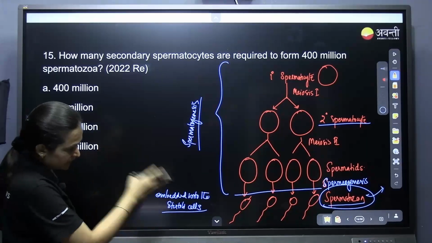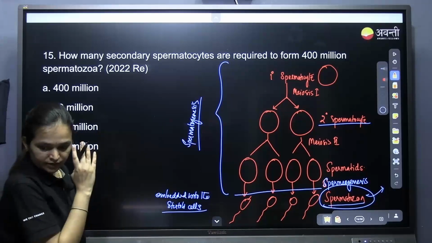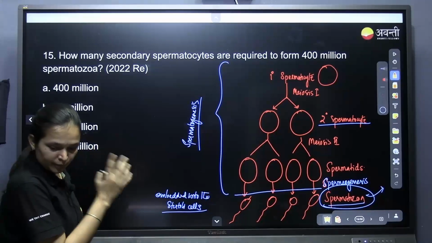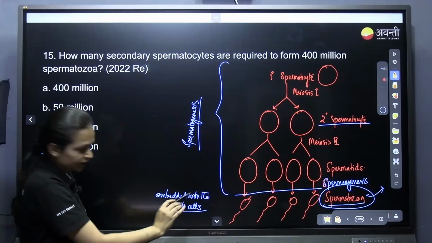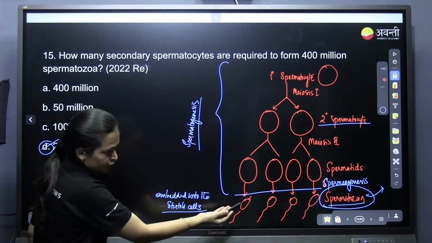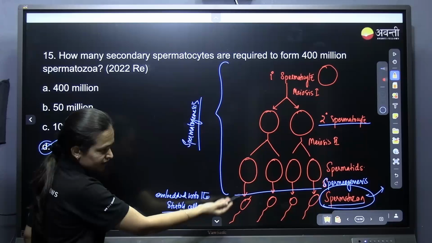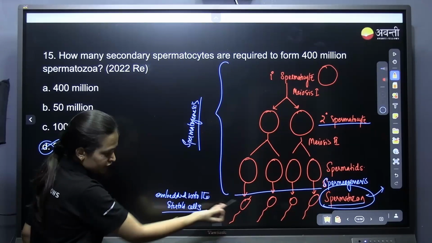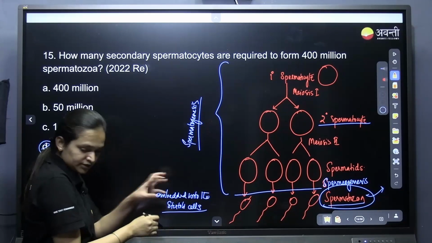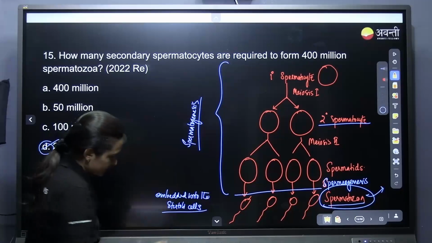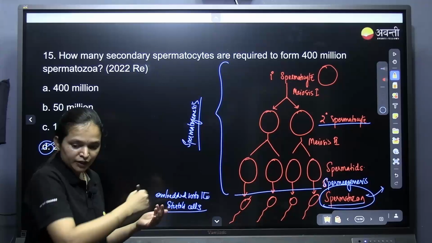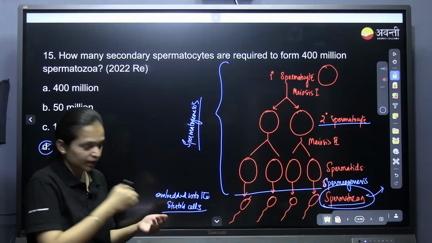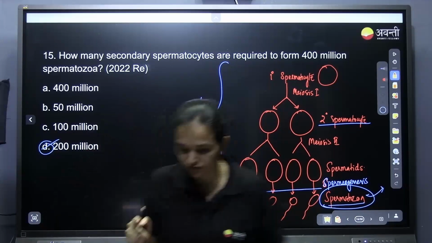Everything is happening in the seminiferous tubule, remember the statement. So from the spermatid to spermatozoa, this is called spermiogenesis. Spermatozoa will be embedded in the Sertoli cell for nourishment. From out of the Sertoli cell, they come into the lumen of the seminiferous tubule.